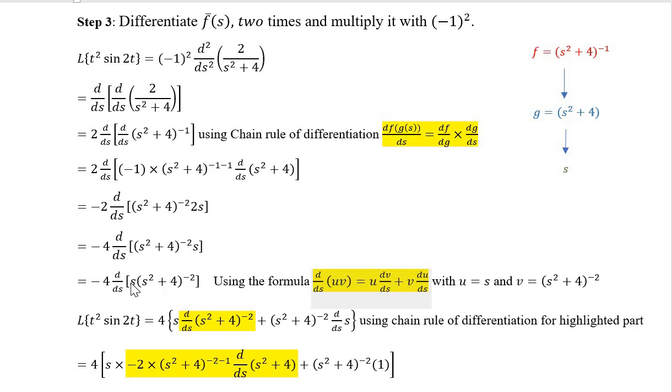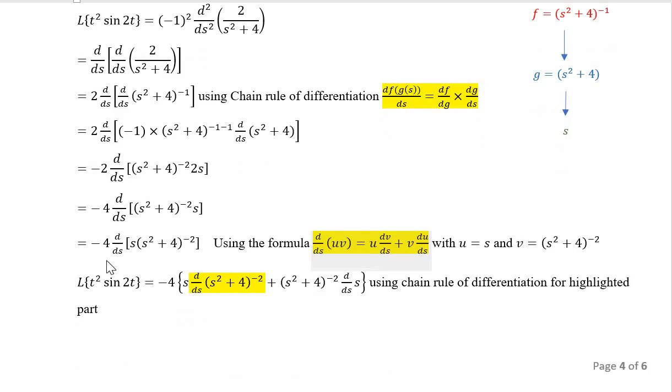Now, if you observe this, it is product of two functions of s. One function is s, another is s square plus 4 raised to minus 2. Derivative of u into v formula will be applied. It is u into derivative of v plus v into derivative of u. Let s be u function and s square plus 4 raised to minus 2 will be v function.